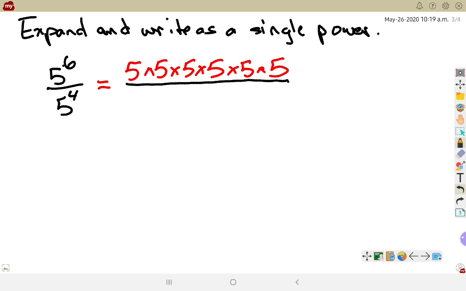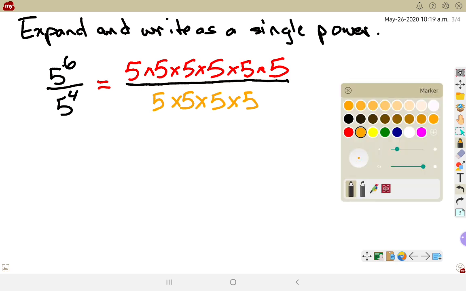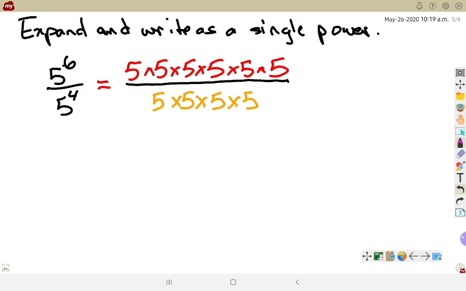And in the denominator, I've got 5 times 5 times 5 times 5, and that's my 5 with an exponent of 4. Now what I'm going to do with this fraction, we like to put fractions in lowest terms. When I want to put something into lowest terms, I look for a common factor between the numerator and the denominator. And it just so happens that I have a common factor of 5, right? I have this 5 right here and this 5 right here.